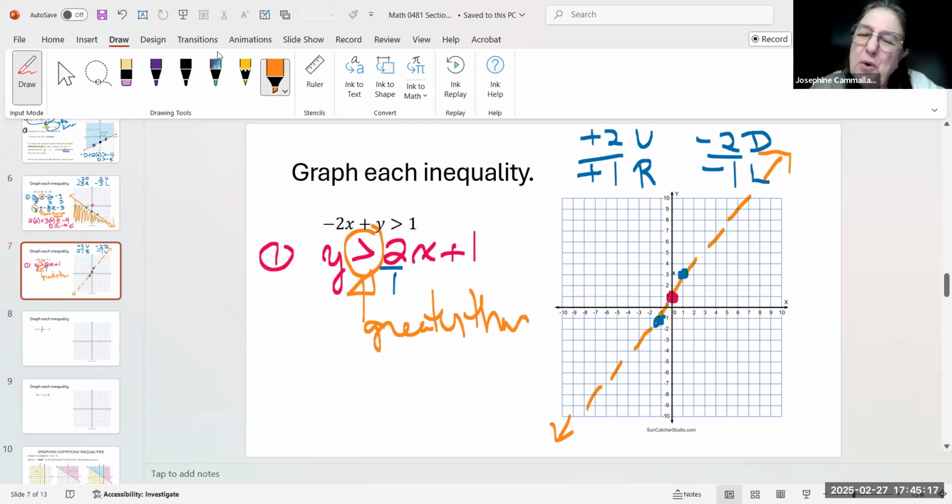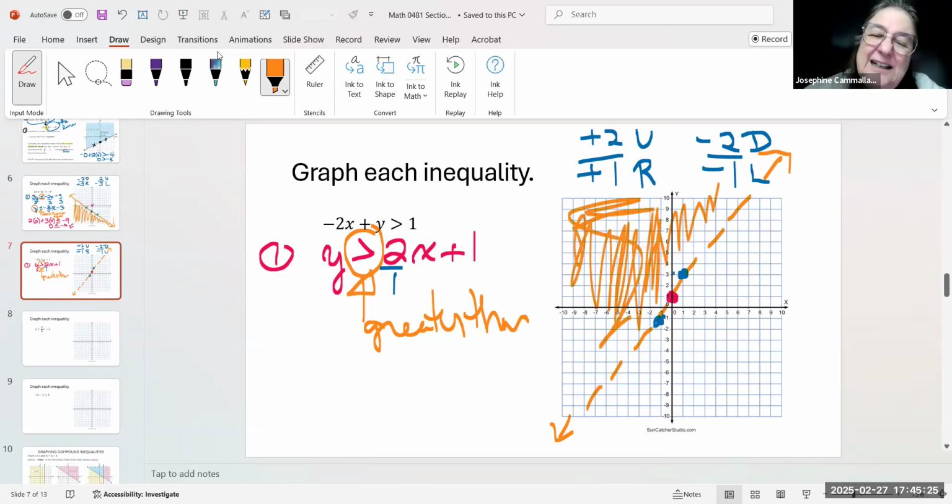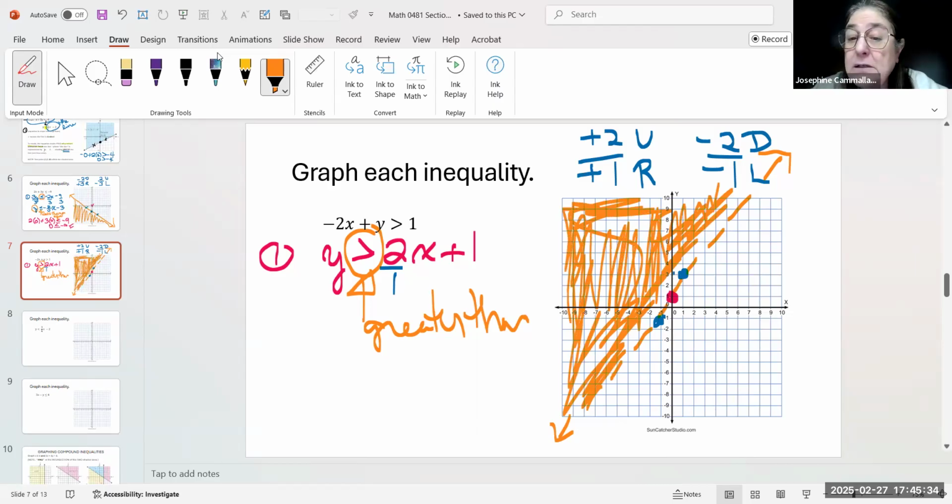What's a number greater than 1? 2, which means I'm shading up here. It's above the y values of my 2 blue dots and my red dot. Y is greater than the line.